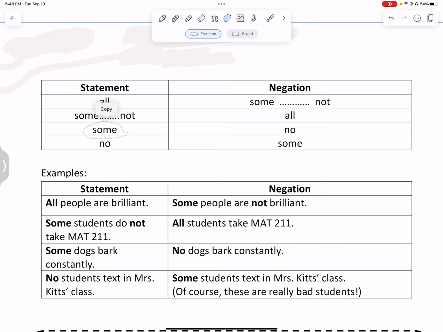Some people love pizza. The opposite of some people love pizza is no people love pizza. Or if you said no people love pizza, the negation would be some people love pizza. So this is a sort of a shorthand.